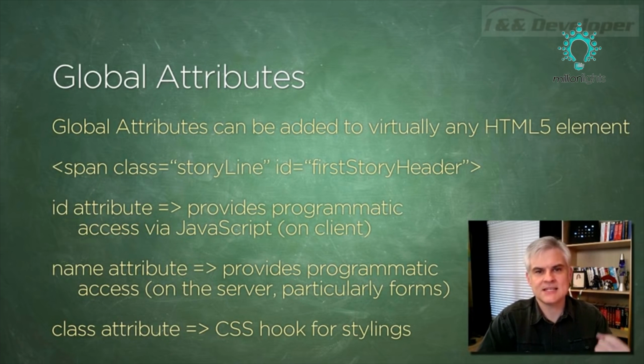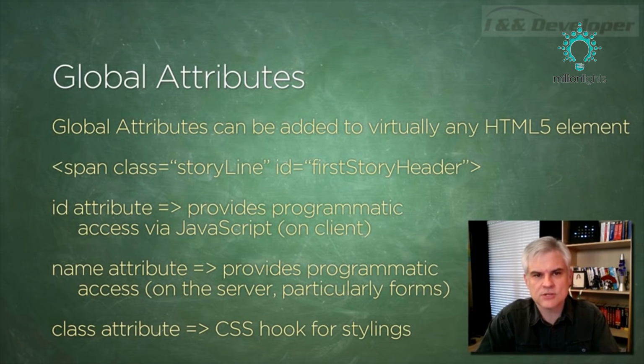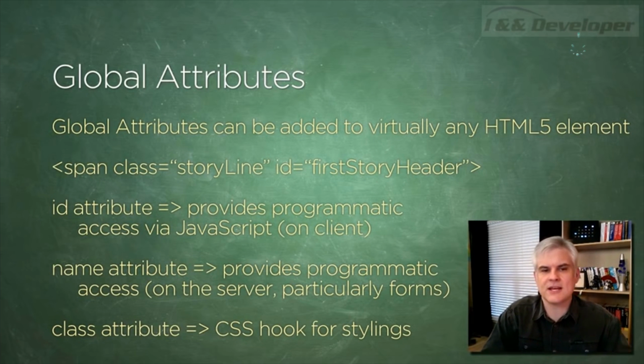Similar to the ID is the name attribute, which is typically used on the server side to process form data. I'm going to discuss this a little bit in more detail when we get to the lesson on creating forms. It's similar in purpose, but typically it's utilized by our server-side code logic to retrieve a user-submitted value. Let's just table that discussion for right now.